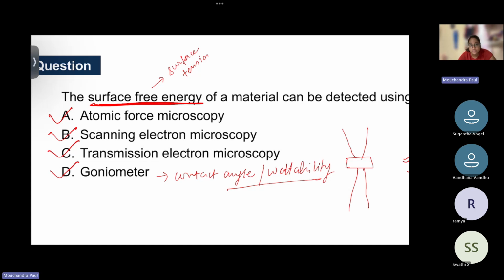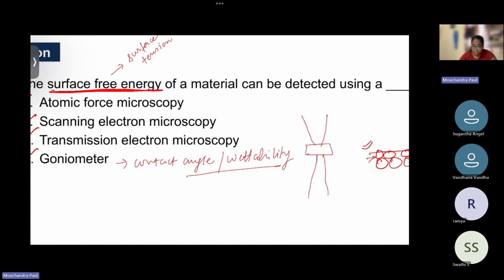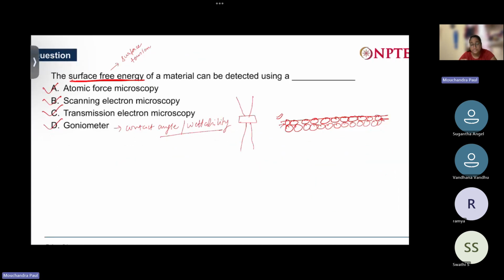If the substrate has a higher surface tension, then it will affect the morphology of the droplet, or it will affect the contact angle as well. Okay. So now tell me which of these techniques can be used to measure or quantify the surface free energy or indirectly the surface tension.